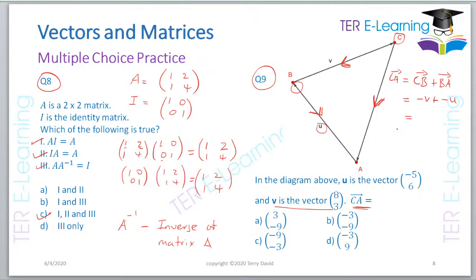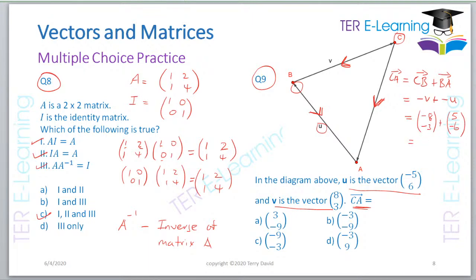V is this, (8, 3). So minus V is (minus 8, minus 3) plus the vector minus U. The vector U in this case is (minus 5, 6), so minus U is (5, minus 6).